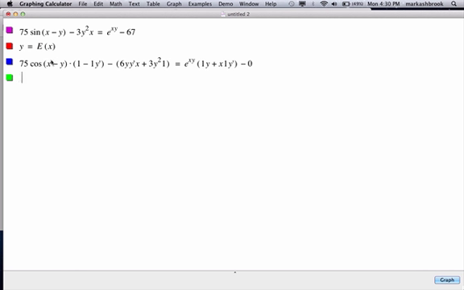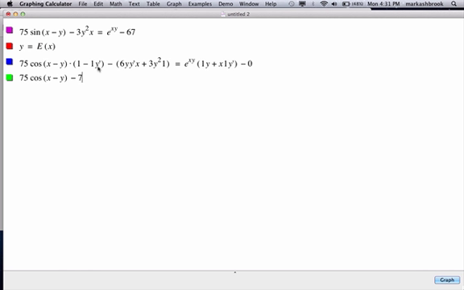So first of all, we've got to distribute. We've got two terms here, so I'm going to distribute the 75 cosine of x minus y times 1, and then minus, again, that 75 cosine of x minus y times 1 y prime.